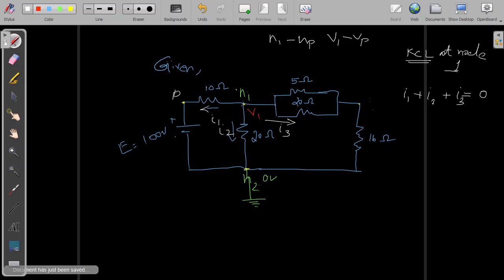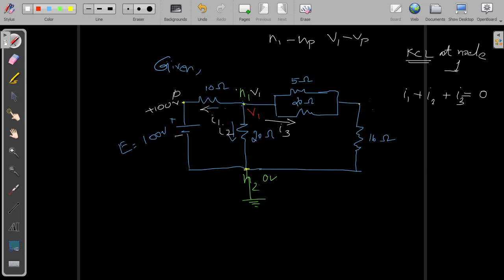So at this point P of the circuit, we have a battery connected, with this plus minus polarity, so 100 volt will be appearing at this point. And we have V1 voltage here. For the assumed direction, the current always flows from higher potential to lower potential, always.